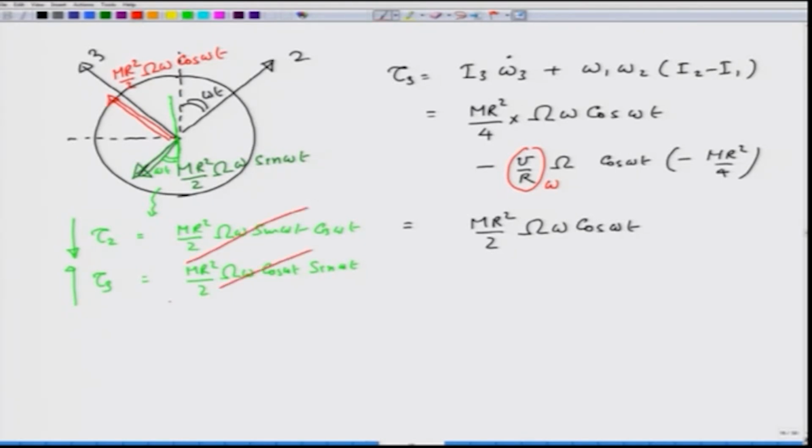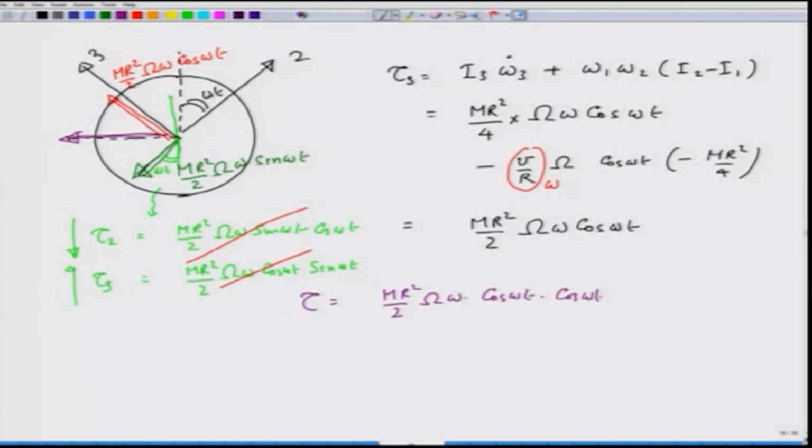What you are left with is the horizontal torque, shown by this purple color. The net of these two is going to be in the original 3 direction.